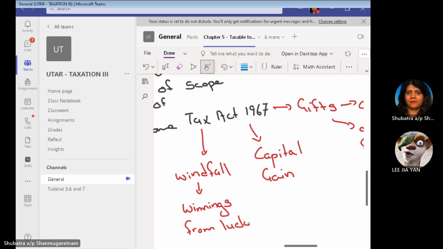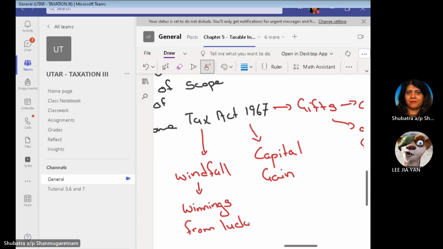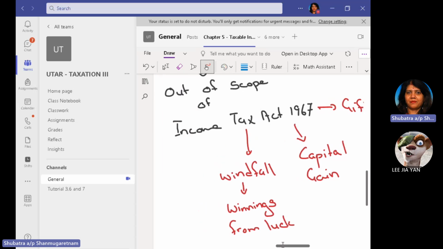Not taxable. All right? You buy 4D, you win. Not taxable. You go for a beauty competition, you win. Not taxable. All right, I will come back to this shortly because there is a clause in the Income Tax Act. As long as it's windfall, that means you did not put an effort, it's luck. You win it, it's not taxable.